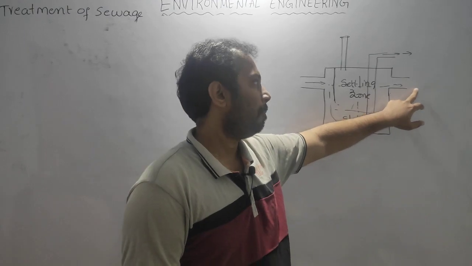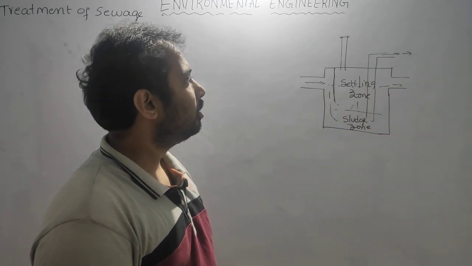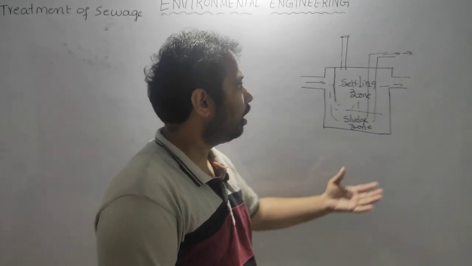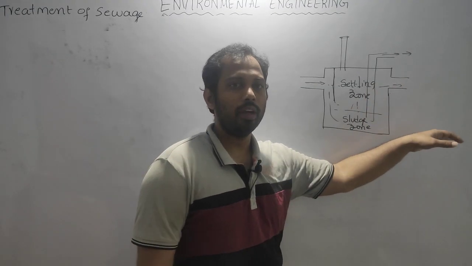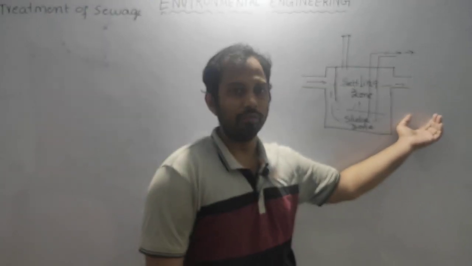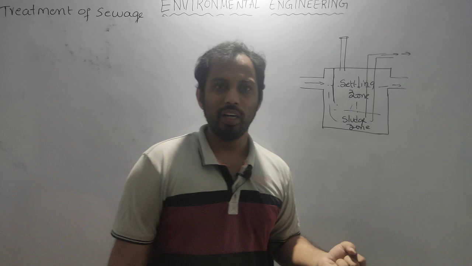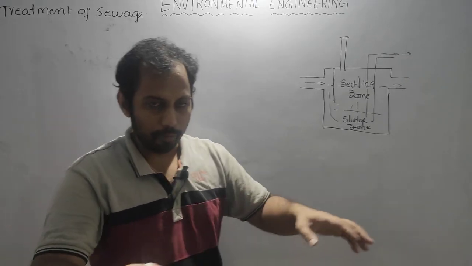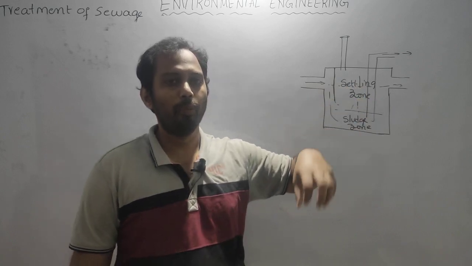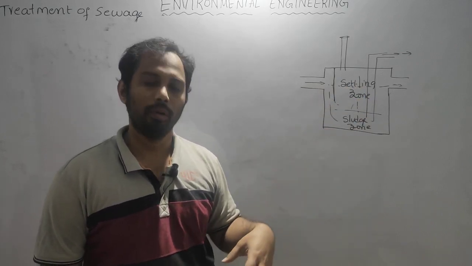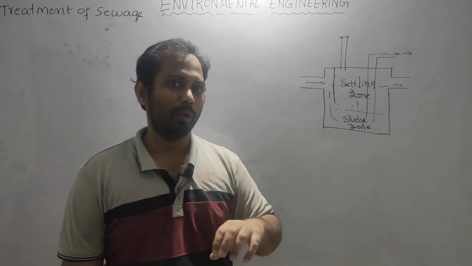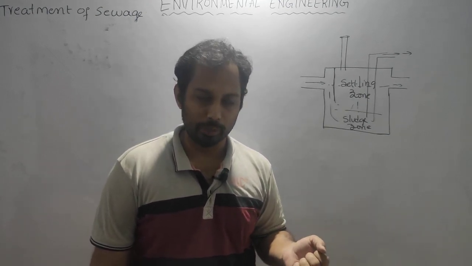So the effluent coming out of the settling tank, we send onto a soak pit or dispersion trenches. A soak pit and dispersion trench is nothing but a small pit in which this effluent goes and percolates into the ground. We cover this small pit with brickbats and the like, so that dispersion takes place.